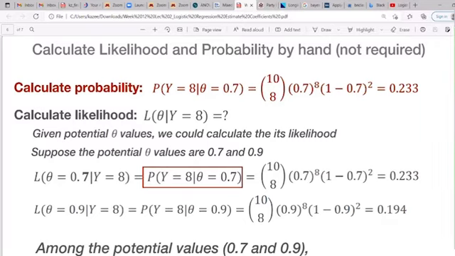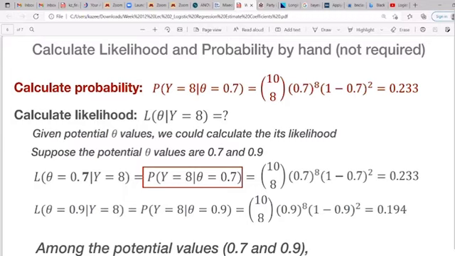Now I want to walk you through how we calculate likelihood and probability by hand, based on the example I cited the other time, where I know 70% of the time we normally get heads when we flip a coin. What is the probability that if I toss a coin 10 times, I'm going to see 8 heads?